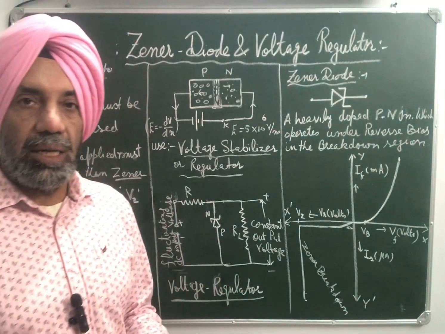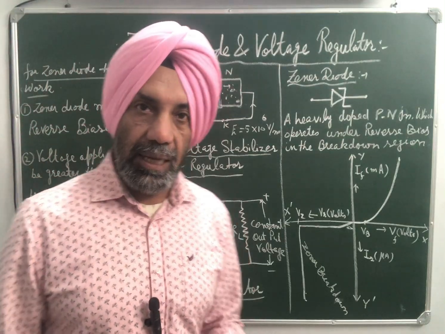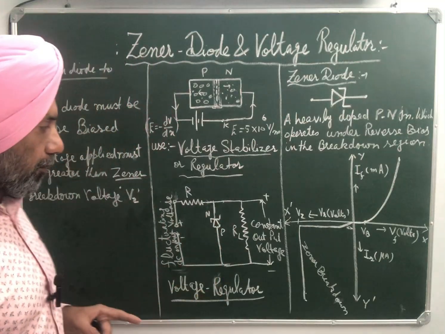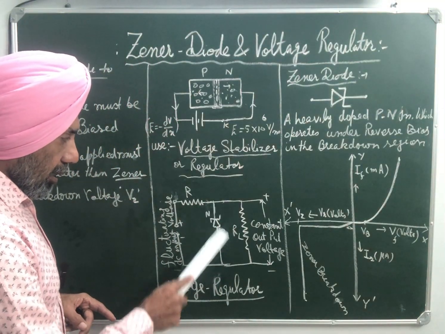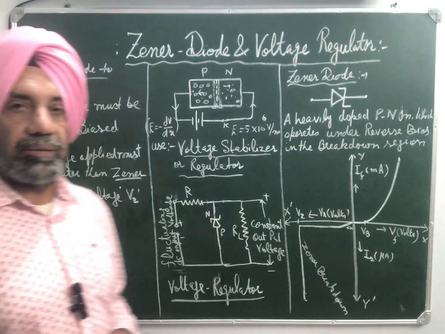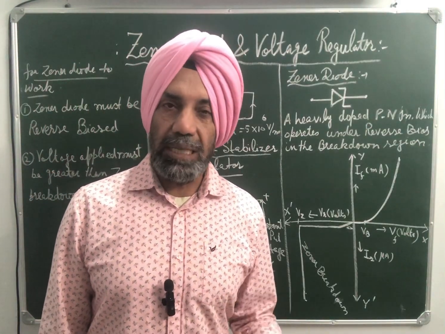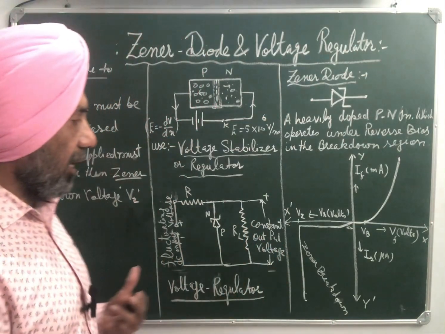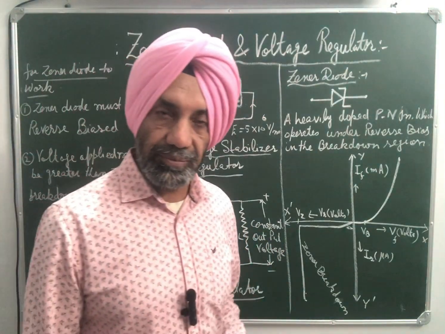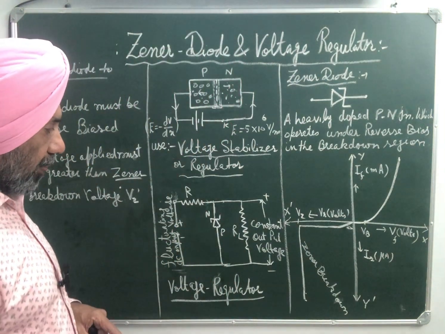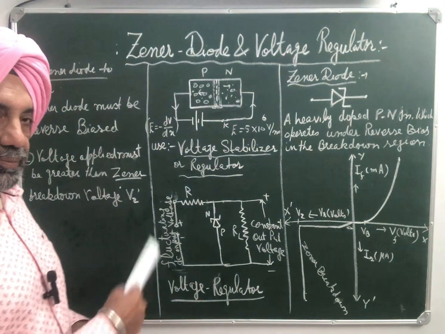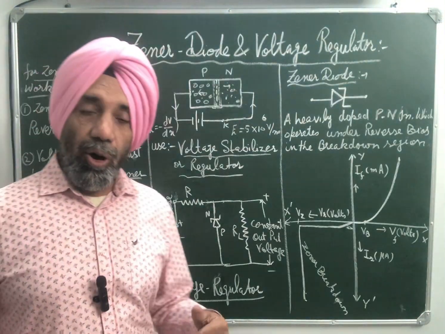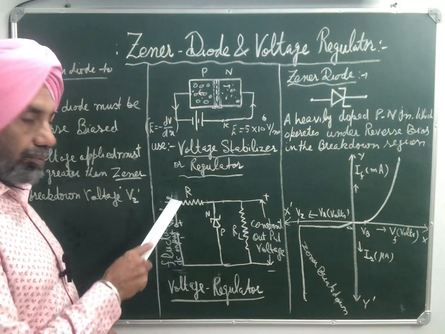The two conditions for Zener diode to work as a voltage stabilizer: number one, Zener diode must be reverse biased. Number two, the applied voltage must be greater than the Zener breakdown voltage. Then and only then it will work as a voltage stabilizer. These are the two conditions. When current increases beyond the Zener voltage, what will happen?